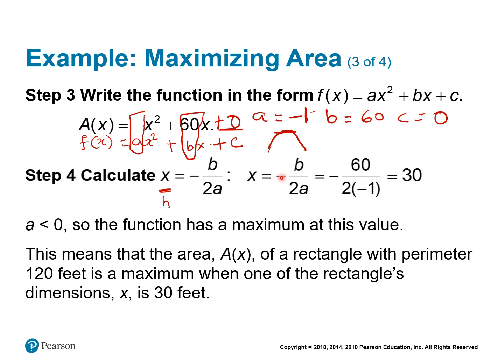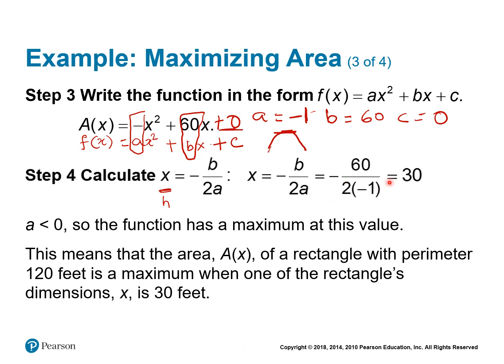So minus is a part of the formula, all right? So minus, and then b is 60, so we write 60 for b, and then 2, and then a is negative 1. Surround the negative 1 in brackets, so you know we are multiplying and not subtracting.